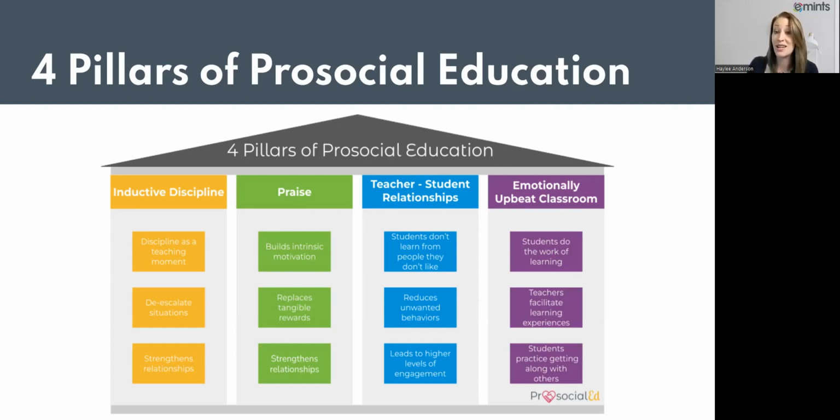So building that relationship first leads to positive academic outcomes with students. It reduces unwanted behaviors, having that relationship as a foundation, and it leads to higher levels of engagement, which we know as educators makes our job better. It makes our job satisfaction a lot higher when our students are engaged.